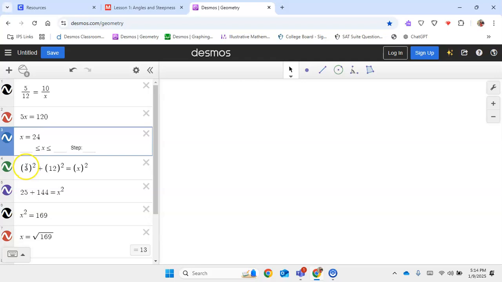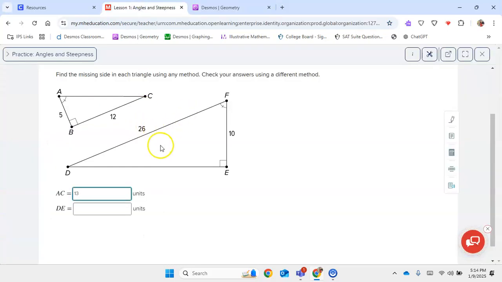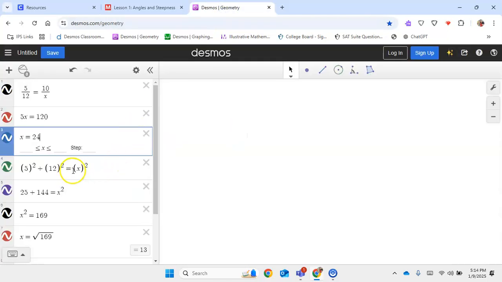All right, we'll check our work with the Pythagorean theorem. A is 10 and C is 26.